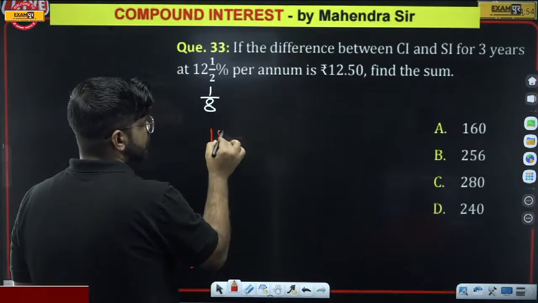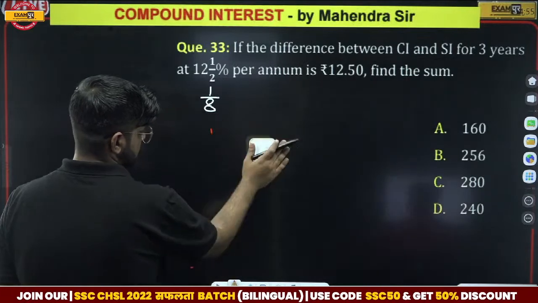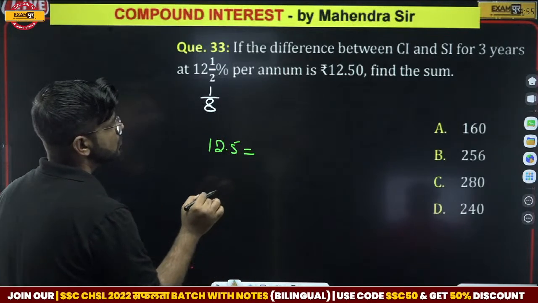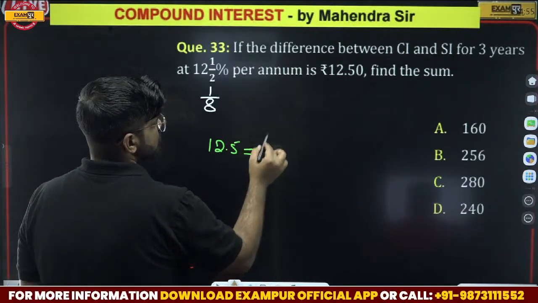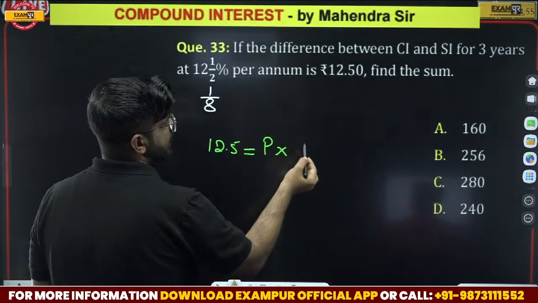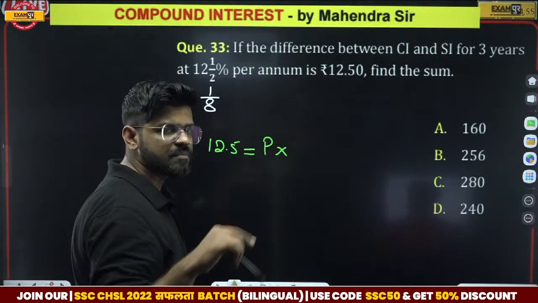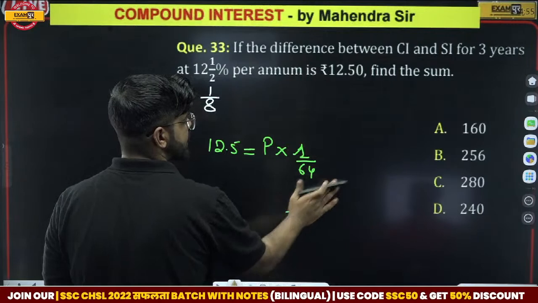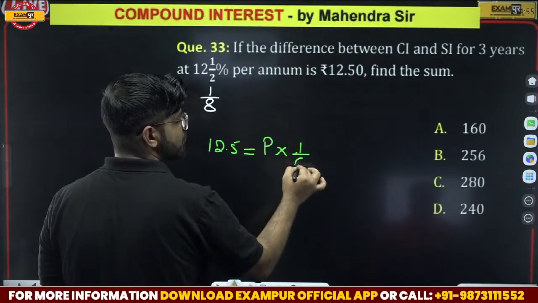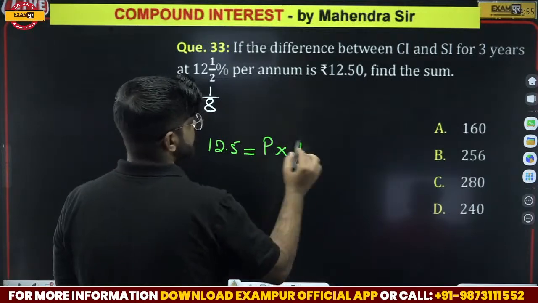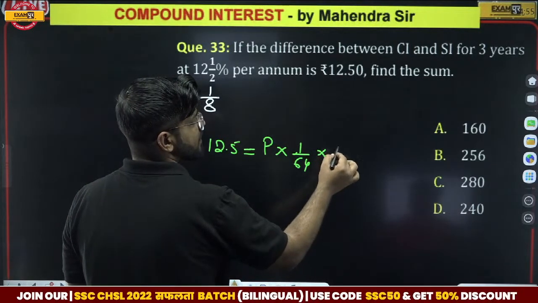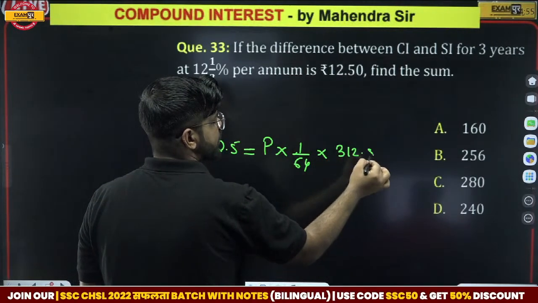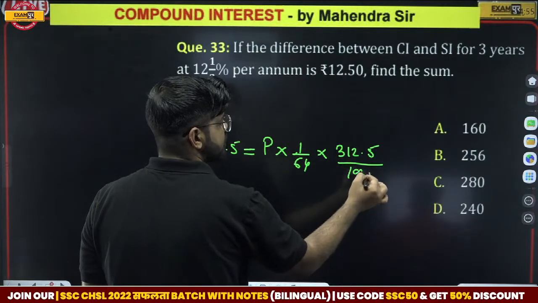So we have to calculate P, and here is R by 100. R by 100 is actually R percent. R percent means 1 by 8, so 1 by 8 square means 1 by 64. And multiply by 300 plus R. 300 plus 12.5 means 312.5 upon 100.